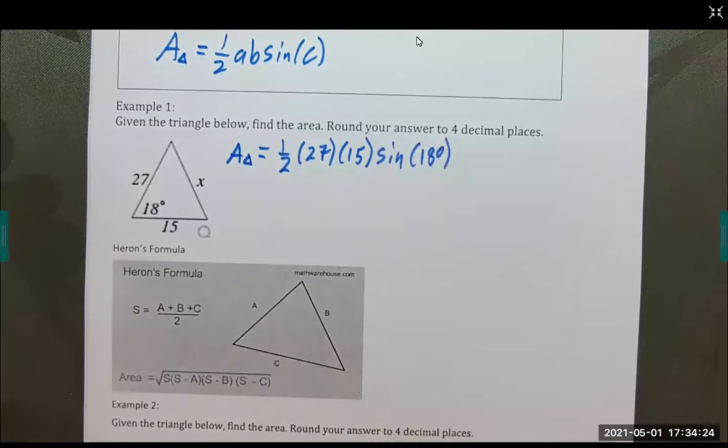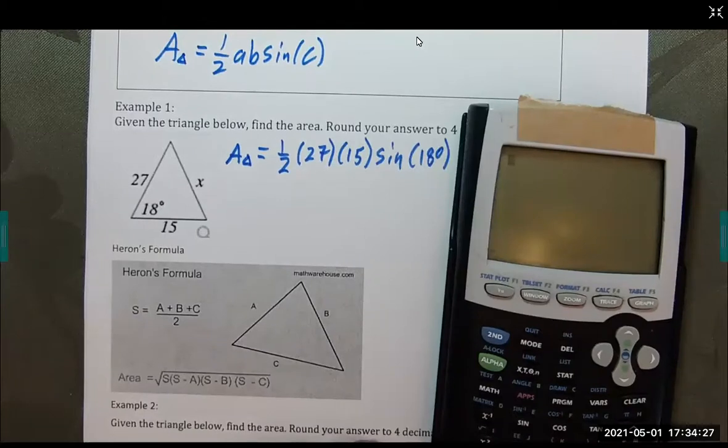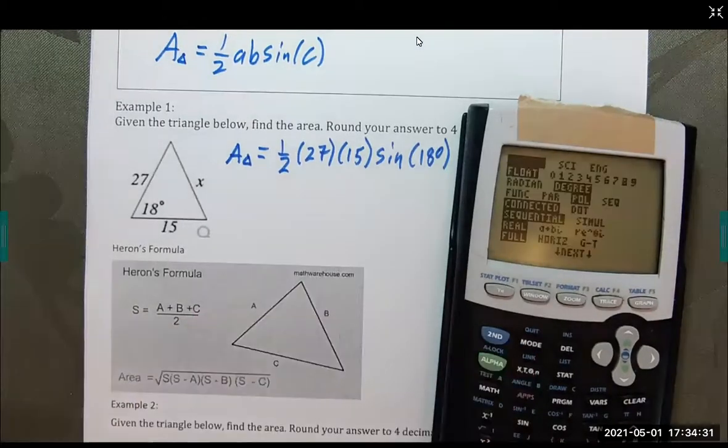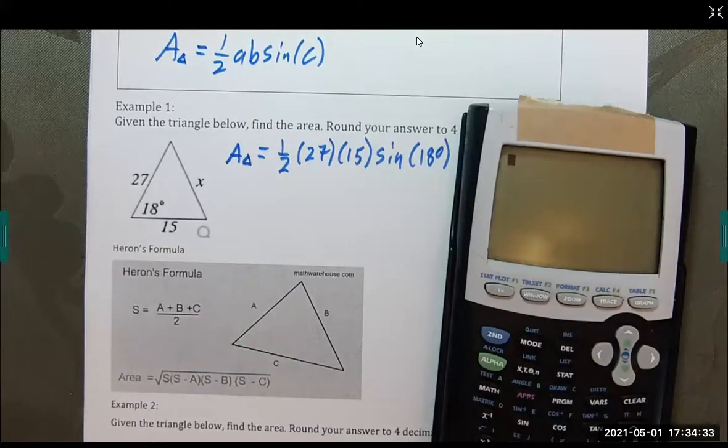And we are going to make sure that we are in degree mode. We are. And I'm going to go 1/2 times 27 times 15 times the sine of 18 degrees. And there we have it. A little over 62.5.